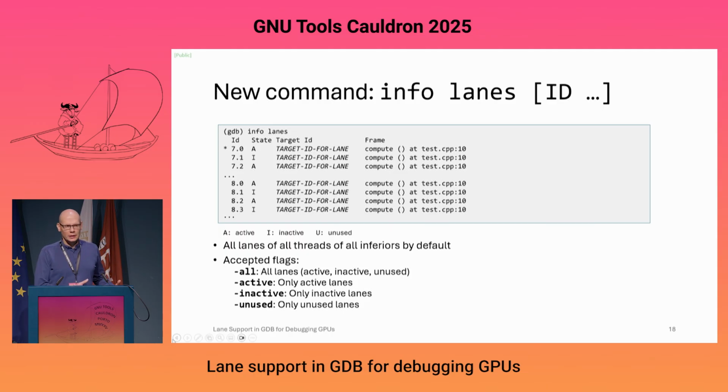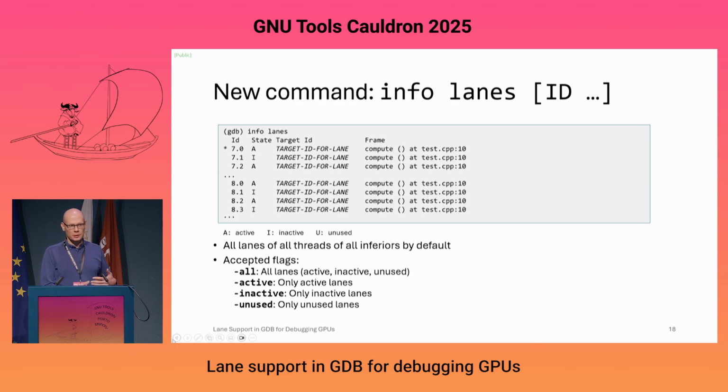And then, like there's info threads, info inferiors, there would be info lanes, which optionally takes a list of lane IDs, and then it presents to the user information about the lanes. If there are no arguments, then it would print all the lanes of all threads, of all inferiors.